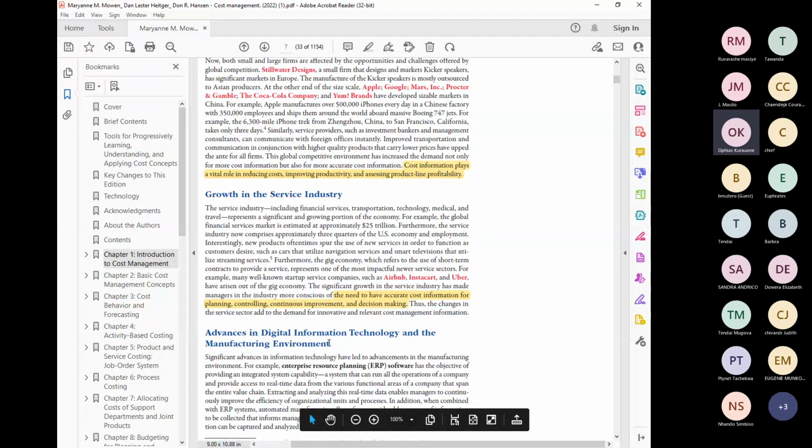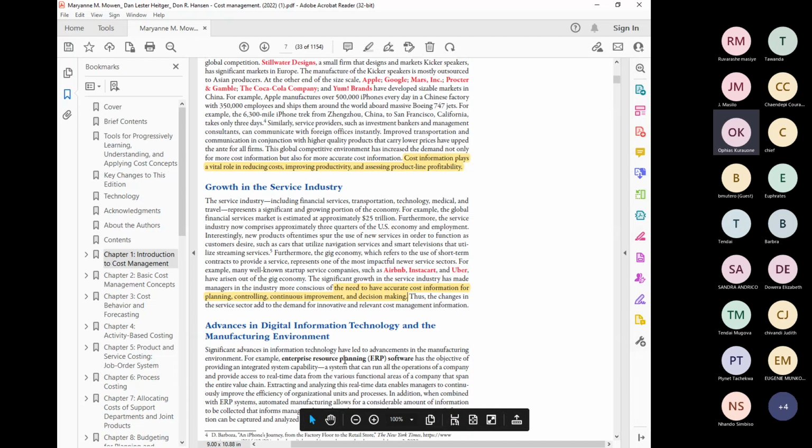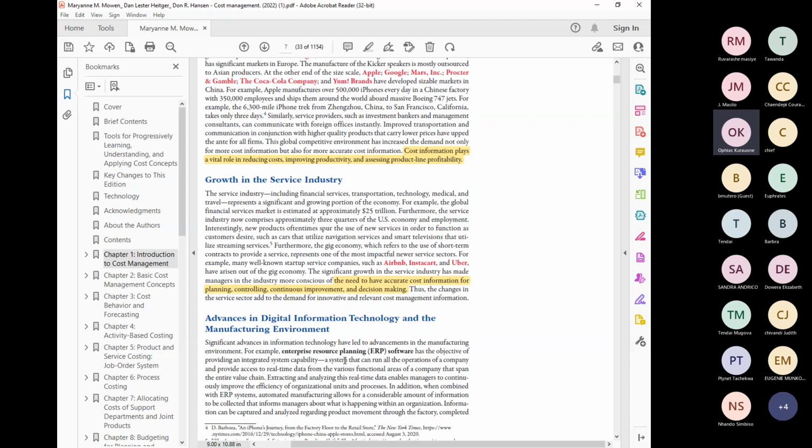Then they've got the advances in digital information technology in the manufacturing environment. So they are now using data technology. Like banks, they use digital information. Just as you purchase something, this will follow suit by a message on your mobile or on your email. That is the digital movement.